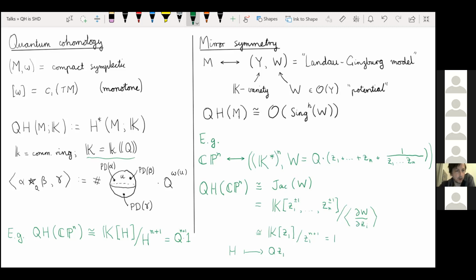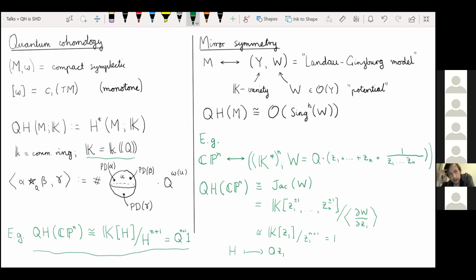Q has non-zero degree, degree 2. And we have the definition of the quantum cup product given by counting holomorphic spheres weighted by powers of this Novikov variable Q. So for example, this is what quantum cohomology of projective space looks like.